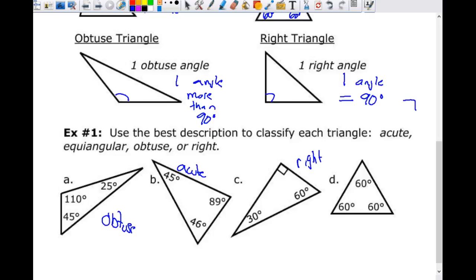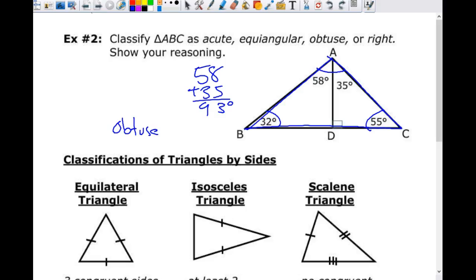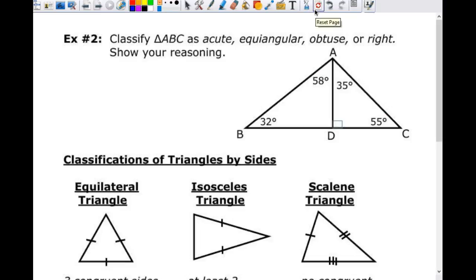Equiangular triangle. Why is it an equiangular triangle? They're all equal. But that's not why it was.